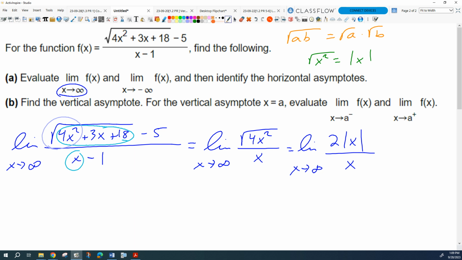What is the absolute value of x equal to when x is approaching a positive number? What's the absolute value of 7? 7. What's the absolute value of a trillion? A trillion, right? As x approaches infinity, it doesn't matter. It's a positive value. So the absolute value of x is just equal to what? X, right? Remember that? And we talked about that the other day by thinking of it as a piecewise function.